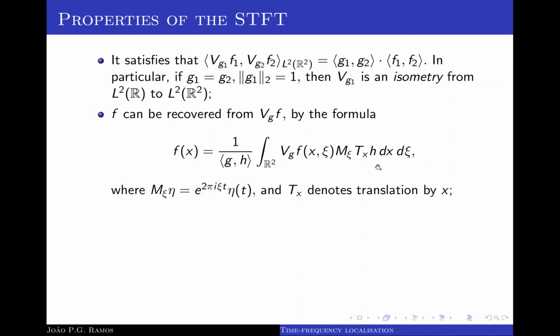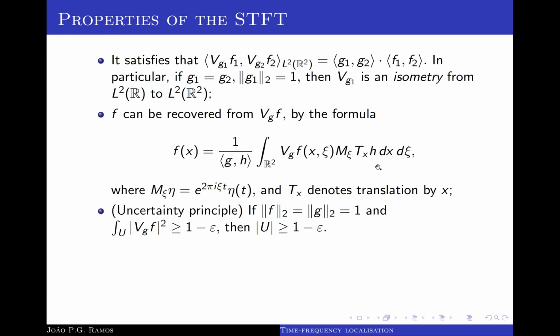And finally, there is an uncertainty principle for this operator. If f and g are in L2 with L2 norm 1, and the integral over U of |V_g f| squared is at least 1 minus epsilon, then the measure of U is at least 1 minus epsilon as well. And the proof of that is actually really simple.